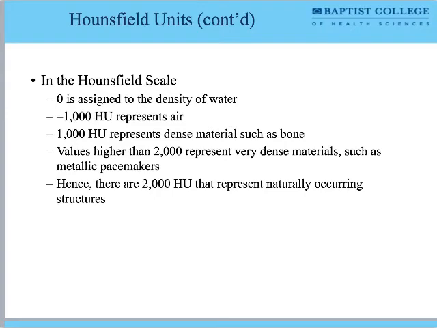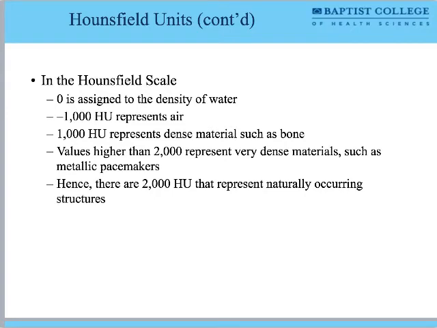So in total, when we look at the whole Hounsfield scale, we've got everything from negative 1,000 to positive 1,000. There's 2,000 possible Hounsfield values, right? So if I'm moving more negative on the scale, I'm going down in attenuation value. If I'm going more positive on the scale, I'm going up in attenuation value. Naturally, the highest you can go is 1,000, but if there's metal in the body or there's contrast, it could be higher.